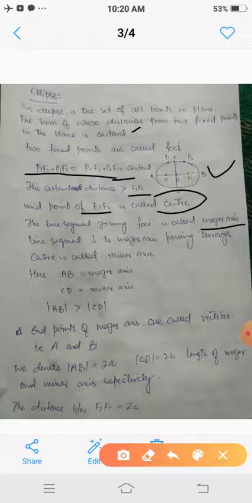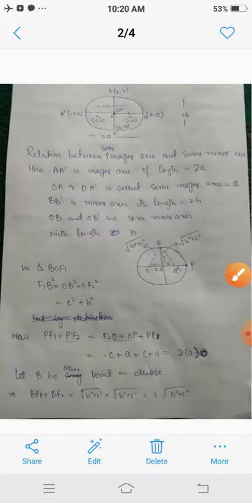Usually we denote the length of the major axis AB as 2A, and the length of the minor axis as 2B, while the distance between the two foci, F1F2, is 2C.